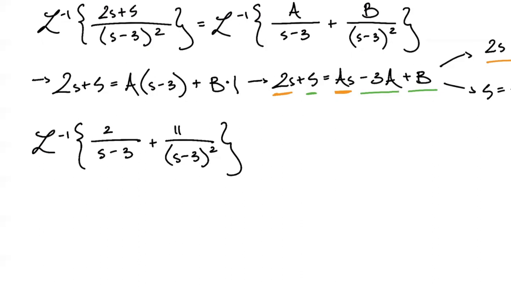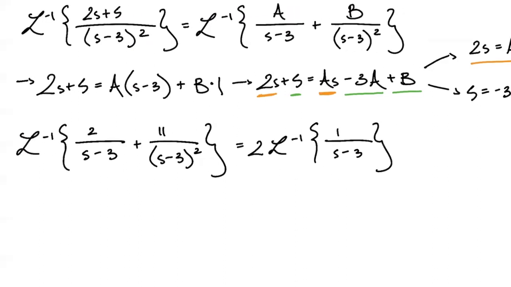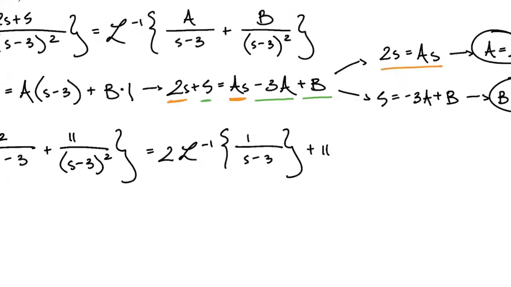The first one, we can certainly just go straight to the table, right? We're going to have 2 times the inverse Laplace of 1 over s minus 3, plus 11 times the inverse Laplace of 1 over s minus 3 squared.